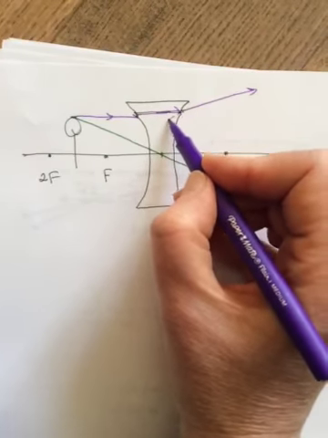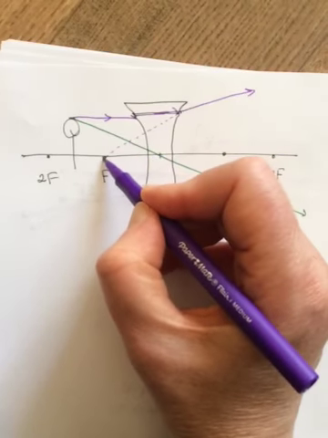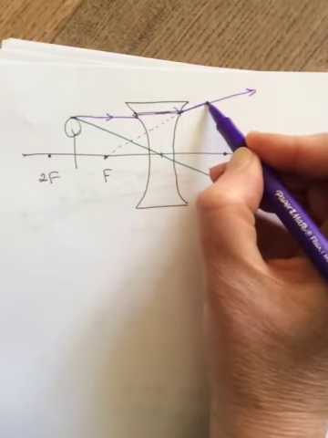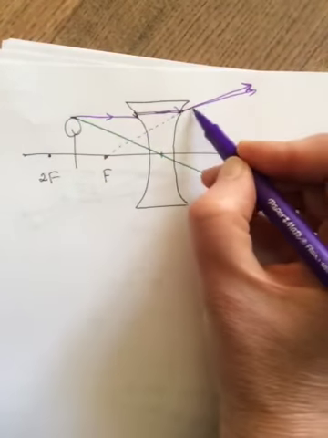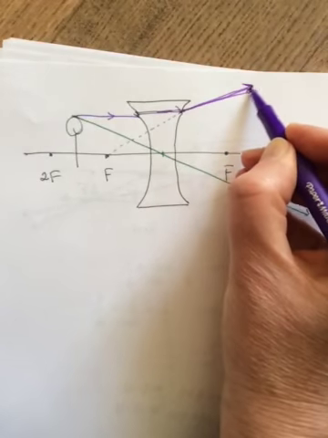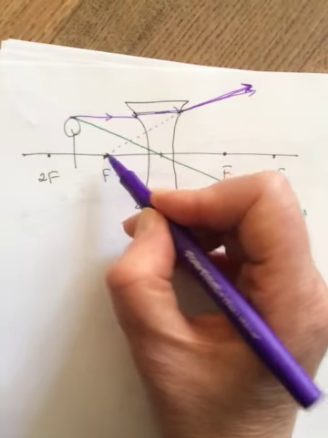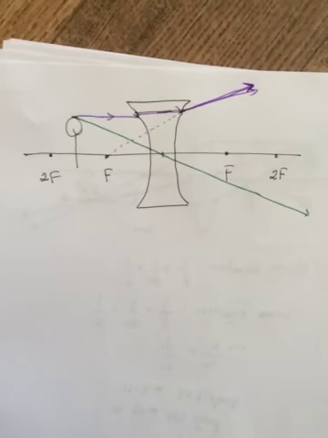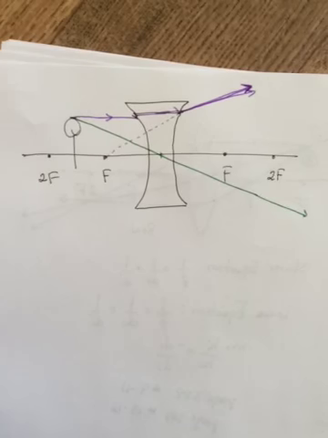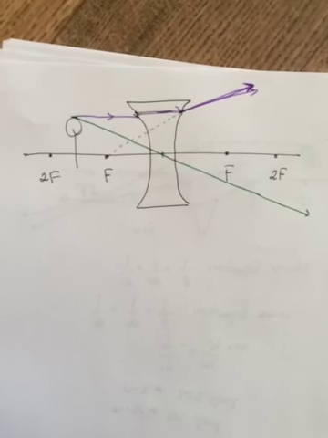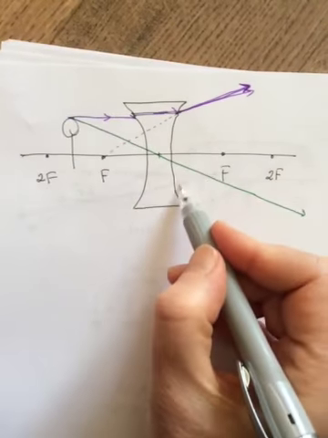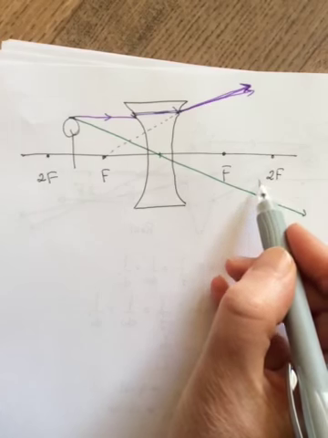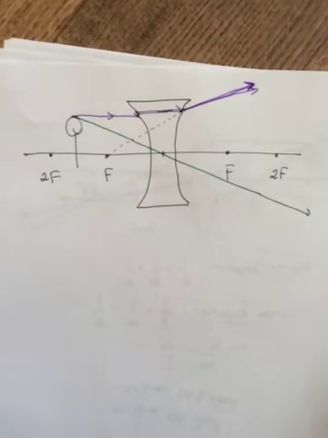And if we follow it back, it will look like it was coming from F. So a ray going in parallel to the principal axis gets refracted in such a way that it appears to come from F on the same side of the lens as the object. And then the third one we don't use, because it's funky. It's a ray that comes out parallel to the principal. I'm not even going to do it. It's too complicated. Never mind.